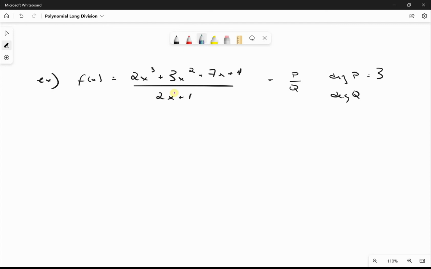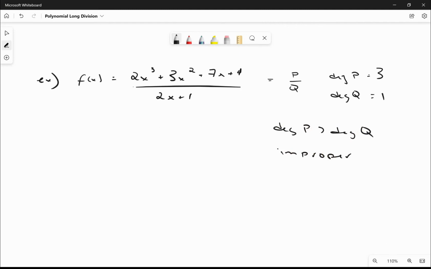You can't see it here because the leading term is just 2x. We don't write the power 1, but that's what we have. And so degree p is greater than degree q, so this is improper.